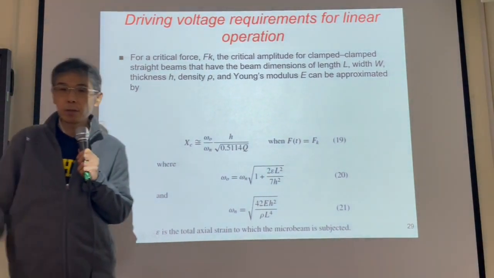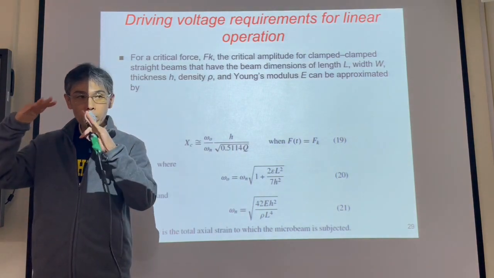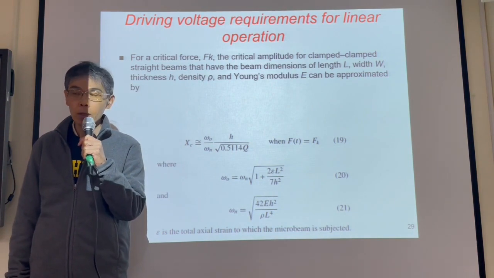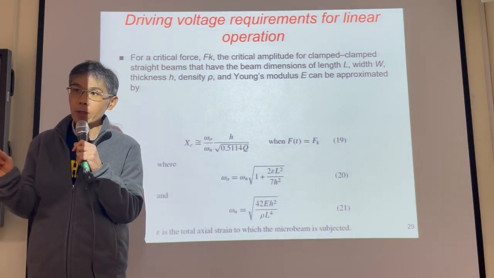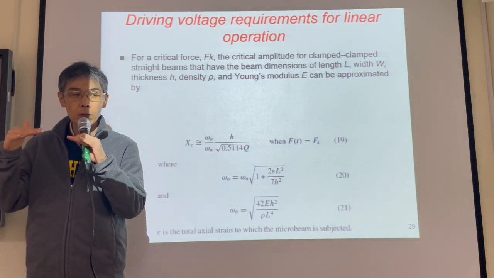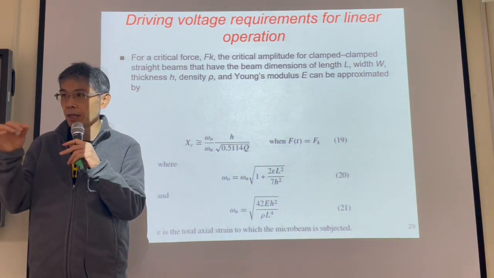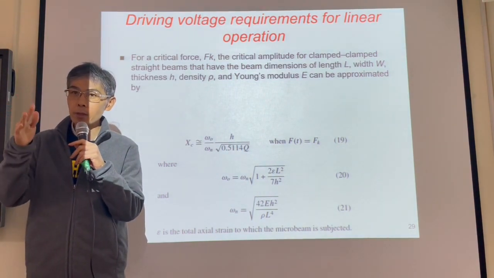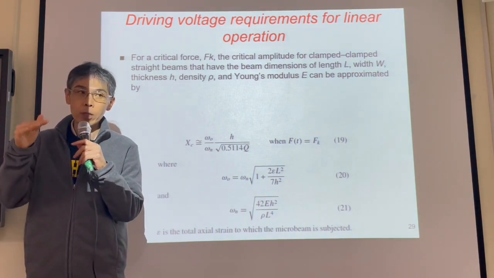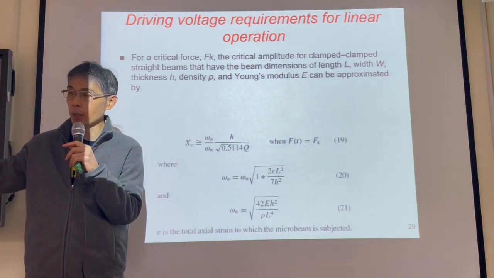So this is a sensor or vibrator. We have a big vibration due to applied AC voltage and DC voltage. But for a mechanical system, if the vibration is too large, then we won't have linear response. For circuits, we have small signal model and large signal model. For a mechanical system, we also have small signal model and large signal model.